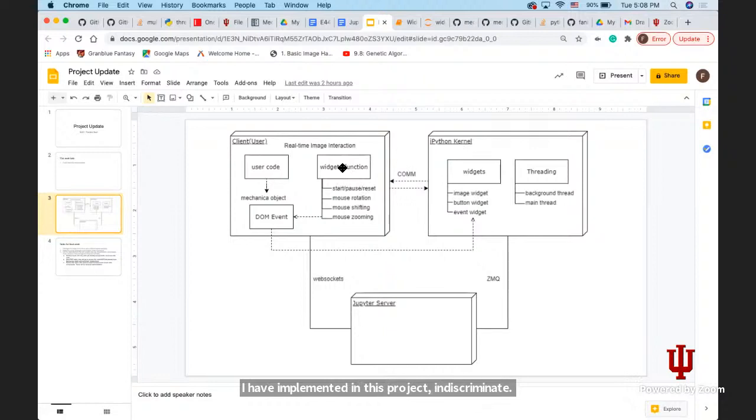So basically, it represents all the functions and all the tricks I have implemented in this project. Basically, the client inside the user interface goes to the Jupyter notebook and they can create their own user code and create their own mechanical object.